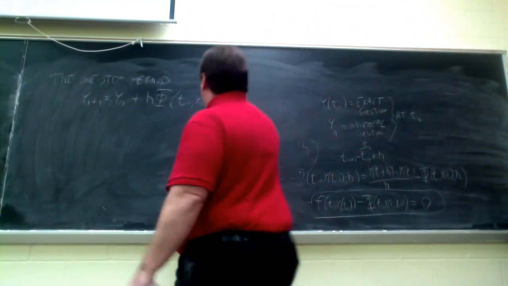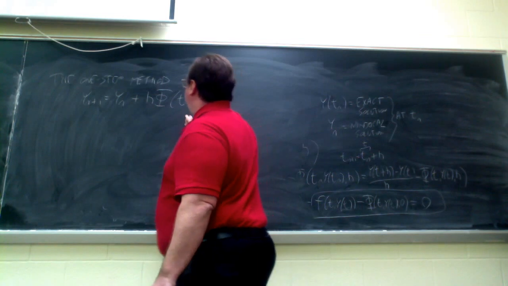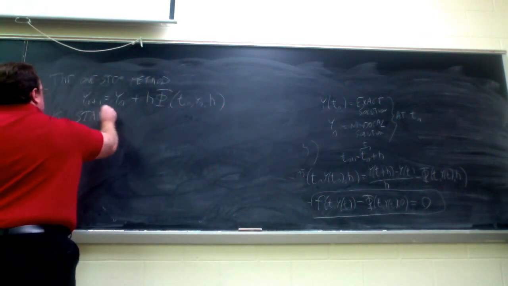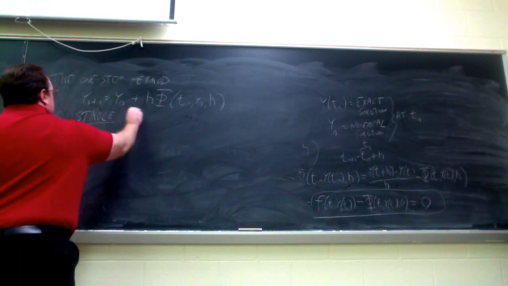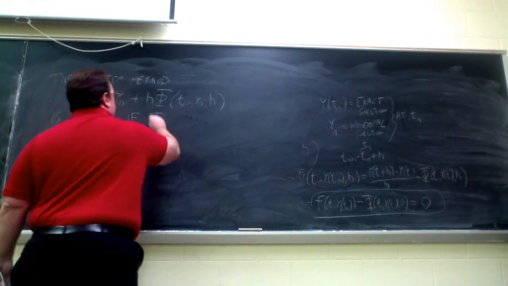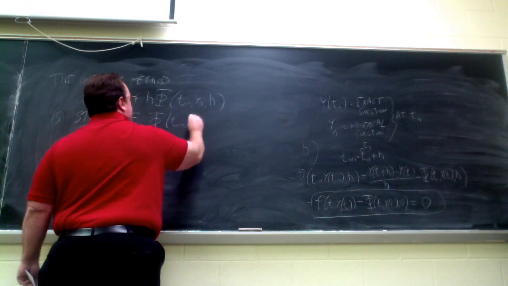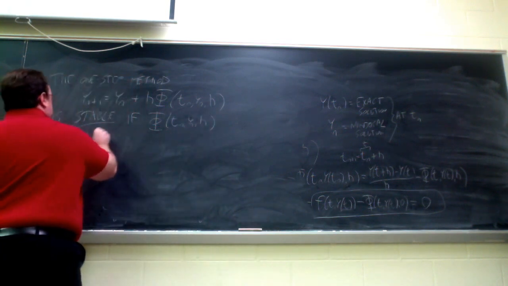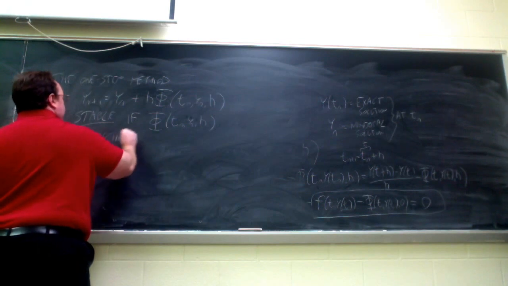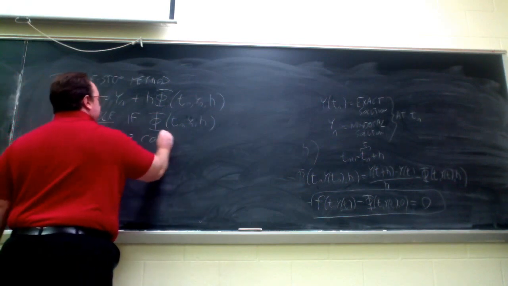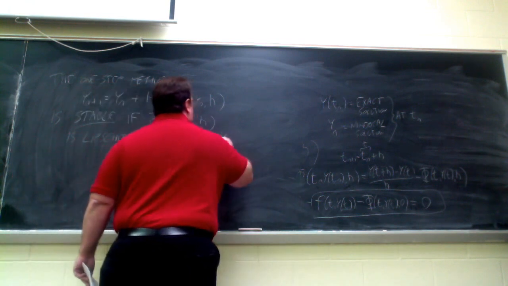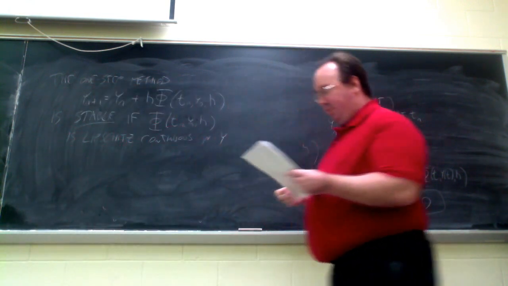Okay. So this general one-step method is stable if your function phi that defines your method is Lipschitz continuous in the y variable.